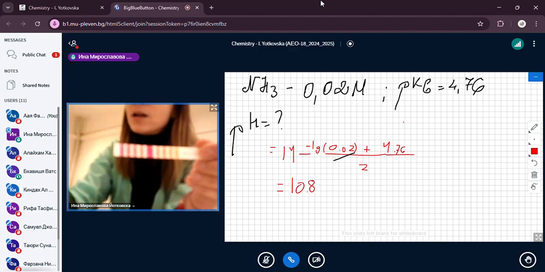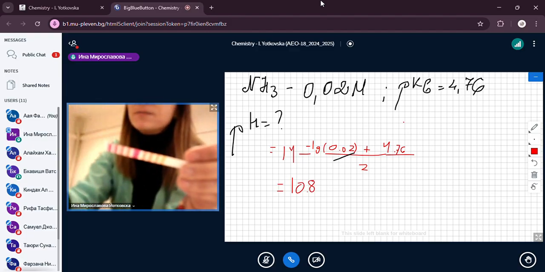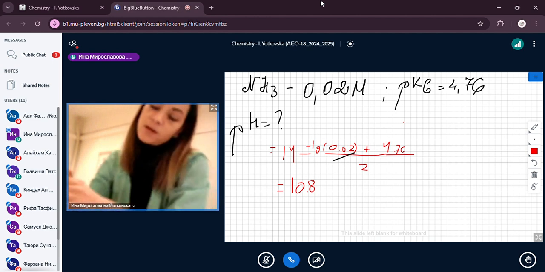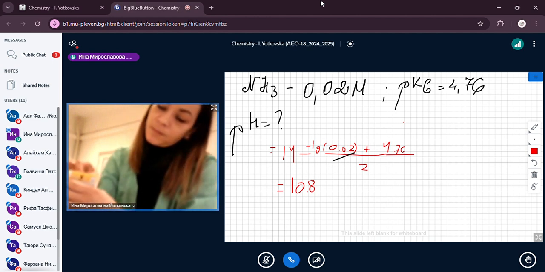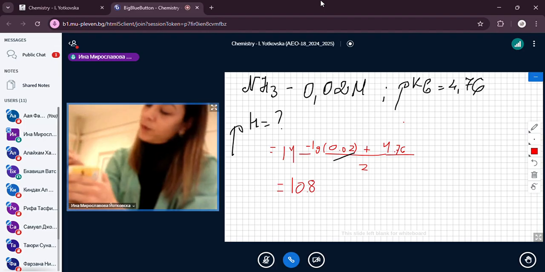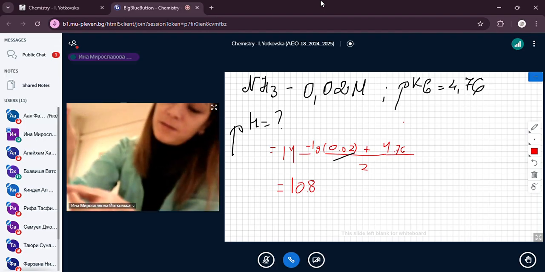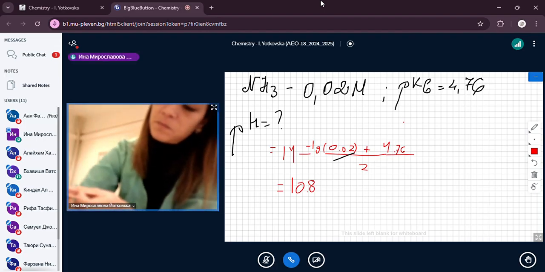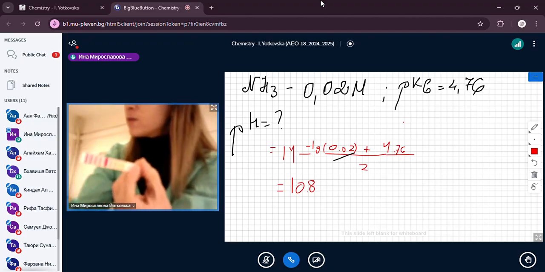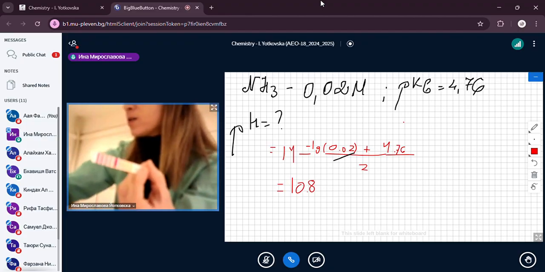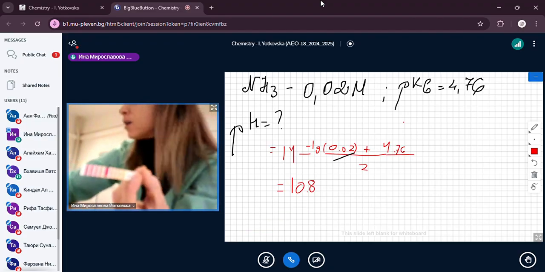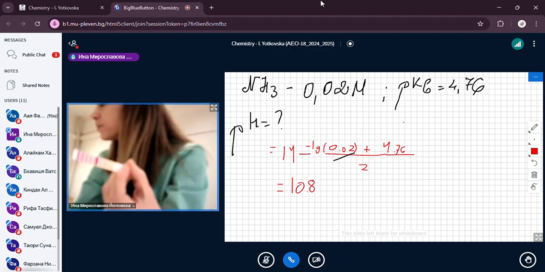The precise indicator presents pH 1.8. I check it again to see whether there is a mistake, and again it shows the same.